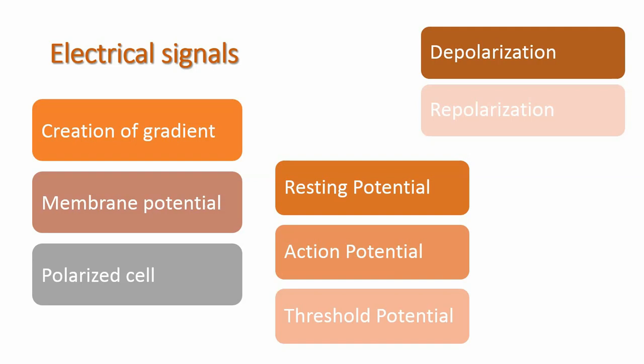Then these potentials which are created across the membrane are of different types: resting potential, action potential, threshold potential. What is the meaning of these, and lastly what do you mean by polarized? When the cell is getting the current, or losing the current, what do you mean by polarization and depolarization?